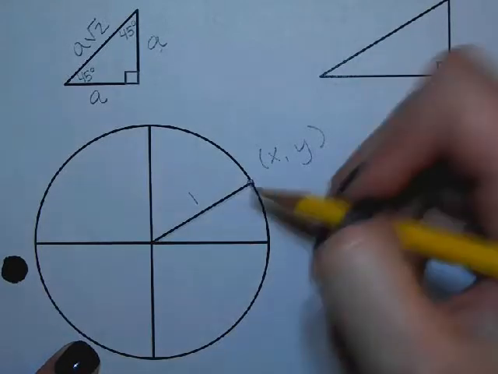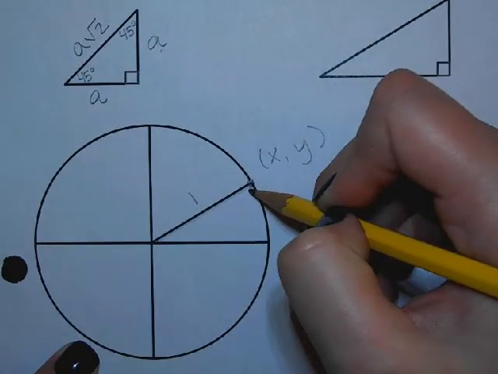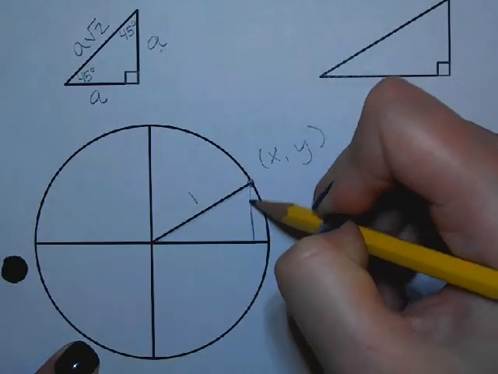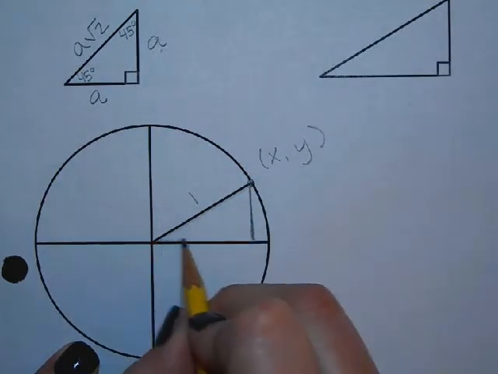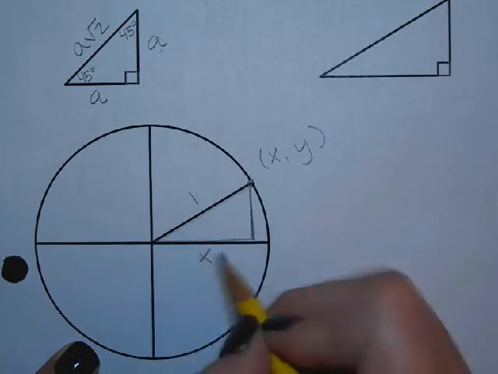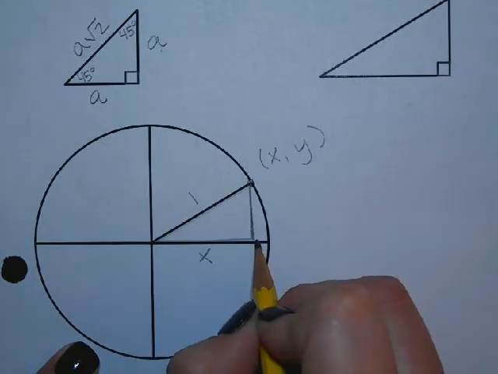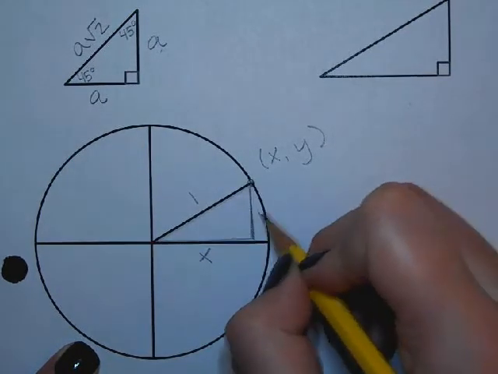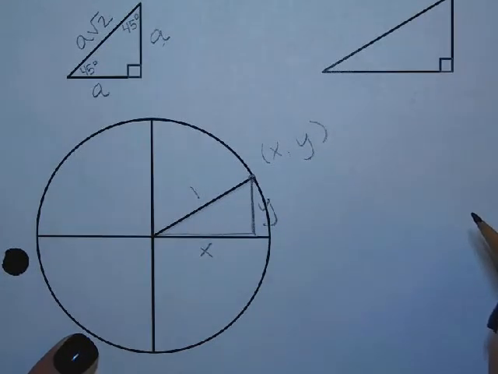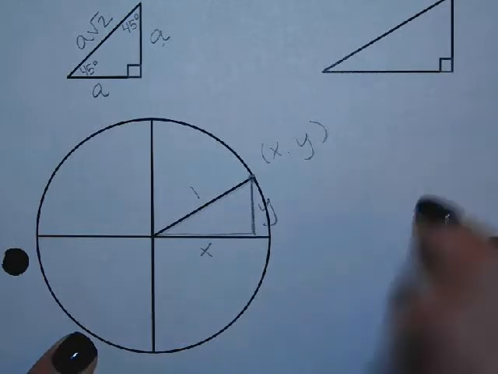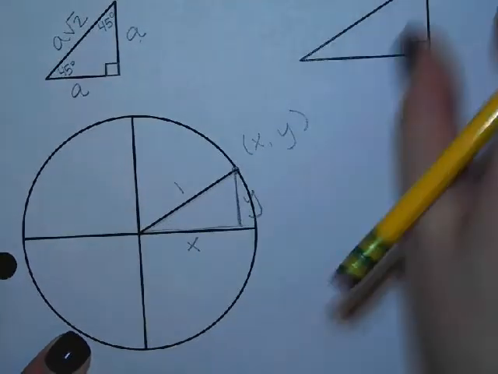So if I take this and I drop a line straight down to form a right triangle, then this length of the triangle is an x because we go right x. And then this length of the triangle is a y because we go up y. You can use different colors if you want.